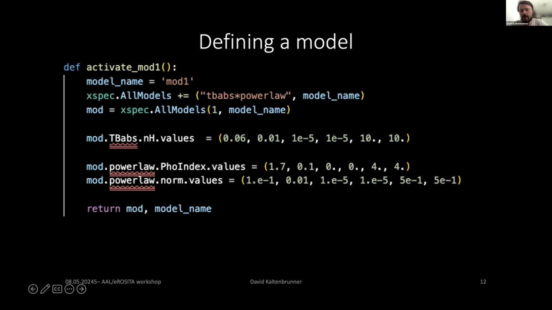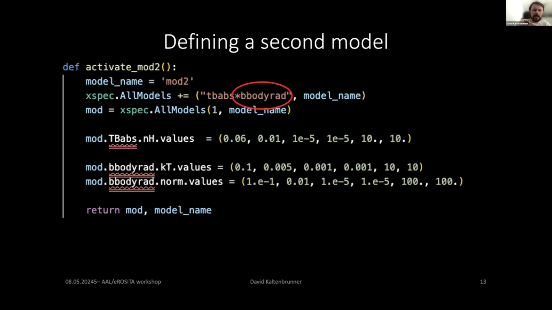So the absorption is between 10 to the 17 and 10 to the 23. And then the power law index is between 0 and 4, and the normalization is between 10 to the minus 5 and 5 times 10 to the minus 1. Good. So now we have set all our parameters, and with those ranges, we can next set one more thing.